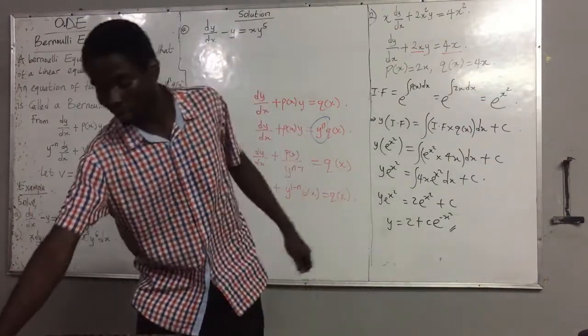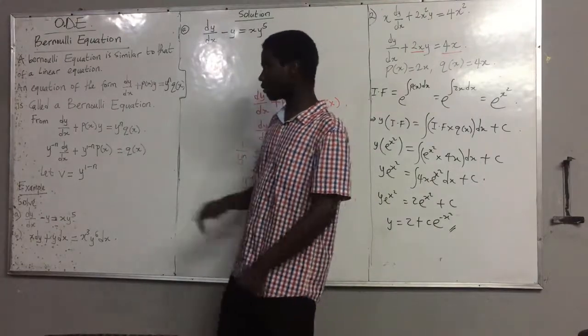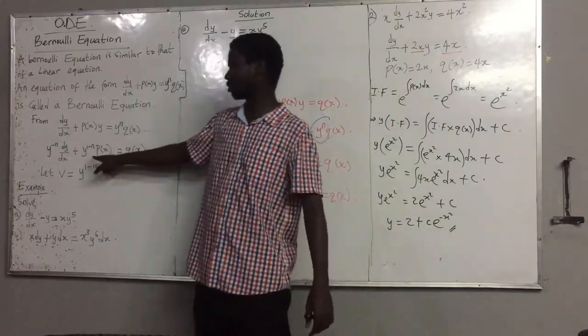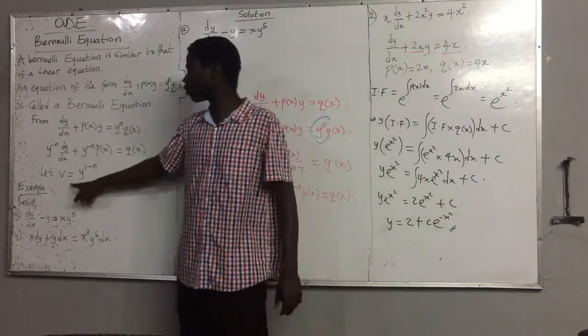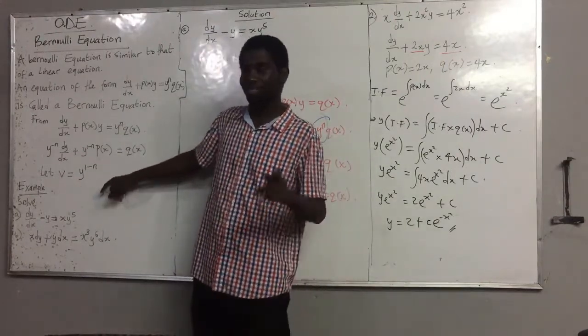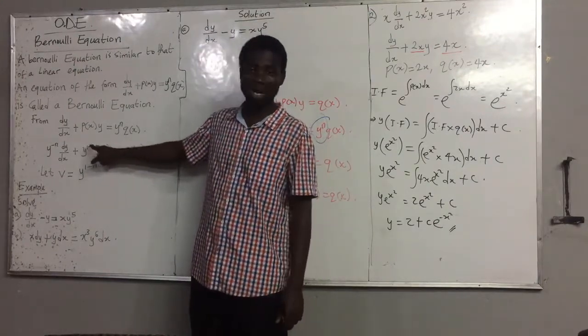That is what you are going to have. Do you understand? So we have this. Divide through. You see that? So after dividing through, you will now let v be equal to y raised to power 1 minus n. See, look at the p of x. What do you have beside it? y raised to power 1 minus n.